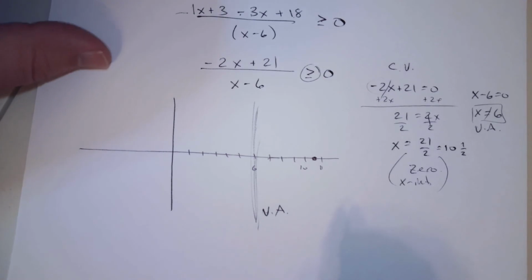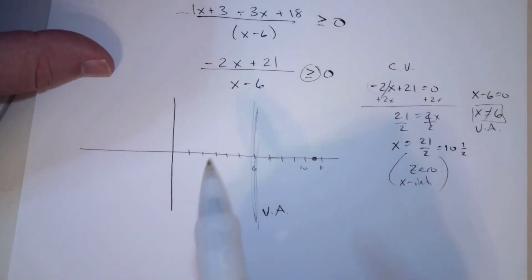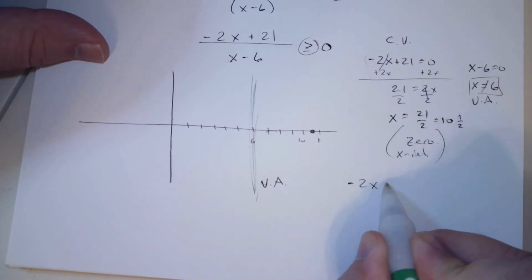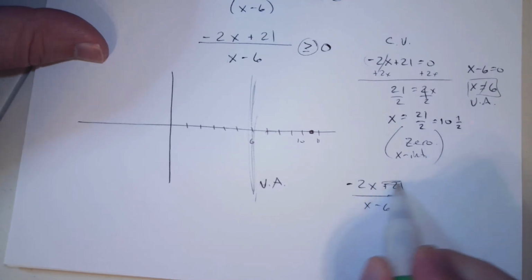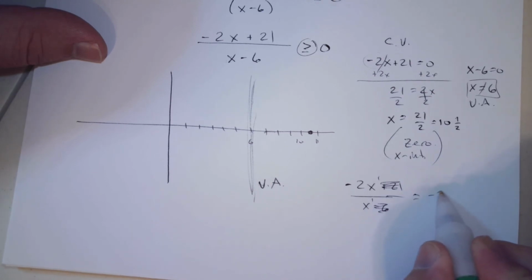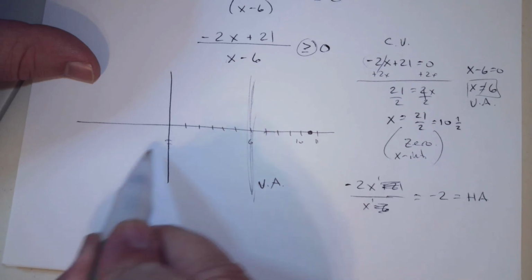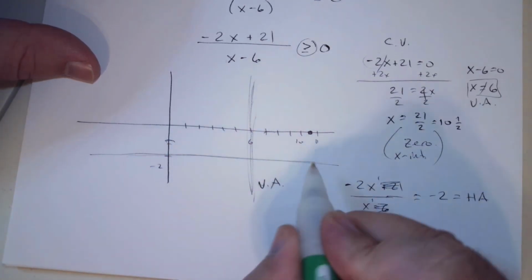Horizontal asymptote. Since they're both x's, since I have negative 2x plus 21 over x minus 6, I get rid of everything except the leading terms. Since they're both the same degree, my horizontal asymptote is negative 2. So I have to drop down to negative 2. So there's my horizontal asymptote.